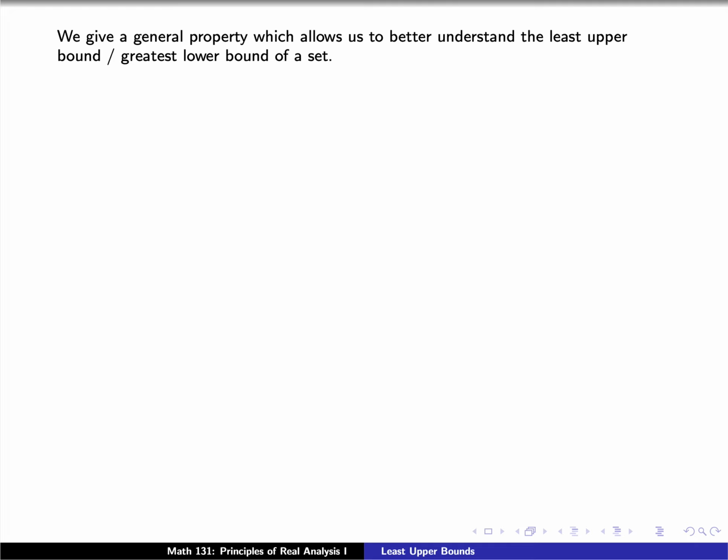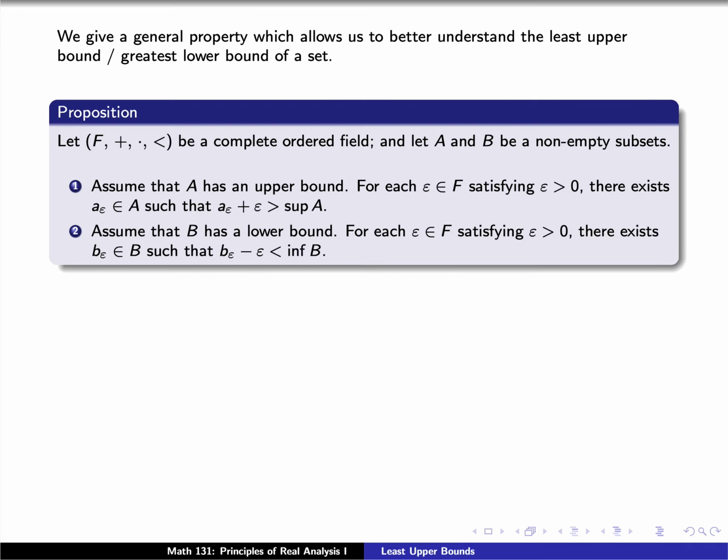We'll give a general property here that allows us to better understand what the least upper bound and greatest lower bounds of a set really are. Again, let's say that we have a complete ordered field, and let A and B be non-empty subsets. Let's assume first that A has an upper bound.